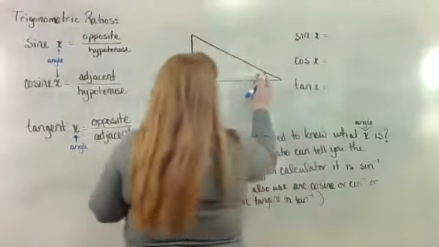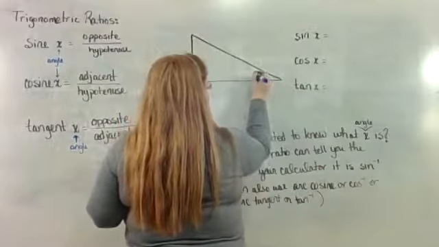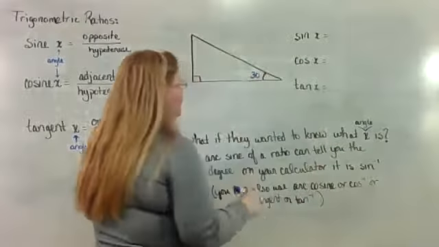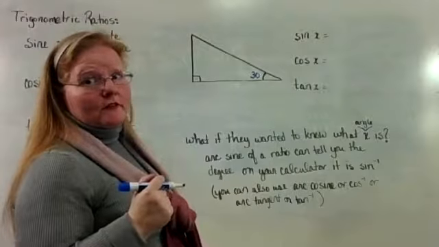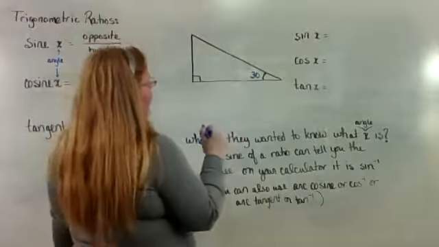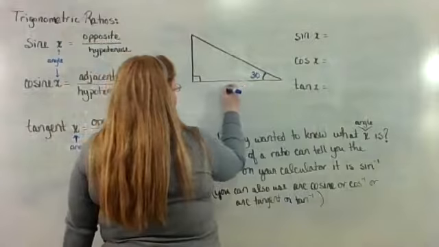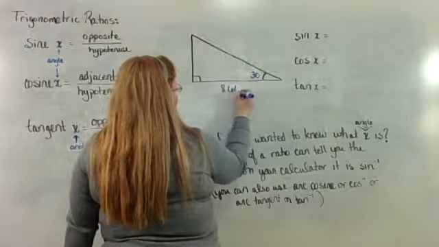Let's say they told me, instead of calling this X, they told me it was 30 degrees. Look familiar? And let's say they called this side 8.66.